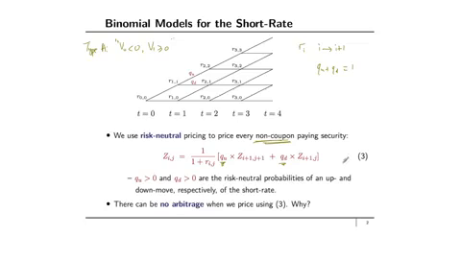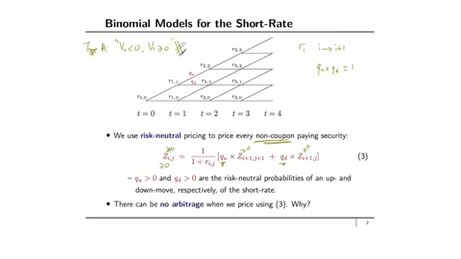Well, this is not possible if we price everything according to (3), where Z takes the place of V. It is not possible for the time 1 values to be greater than or equal to 0 and yet have the time 0 value be less than 0. This is because the q's and R are all strictly positive, and if the Z's are greater than or equal to 0, then this must be greater than or equal to 0 as well. So we cannot get a type A arbitrage.